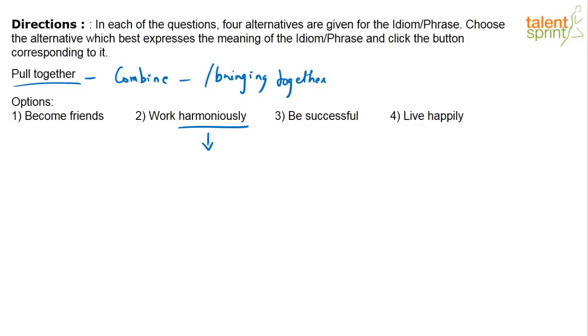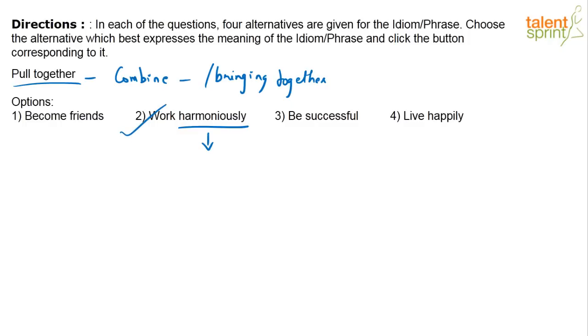You have the guitarist, the vocals, the guy on the drums, the guy on the keys. All of them have to come together to give us a pleasing sound. They all have to work together to produce that effect. So pull together, together means to work together, to bring that harmony. That's your word.